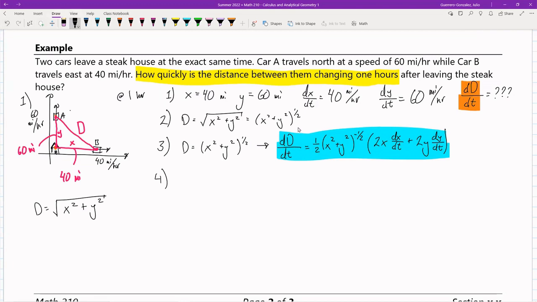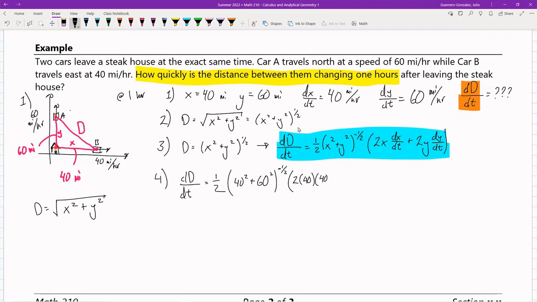We get to plug in all the good stuff. dD/dt is equal to 1/2 (x squared, so my x is 40, plus y squared, 60 squared) to the minus 1/2, times 2x, 40, dx/dt, which is my 40 miles an hour.